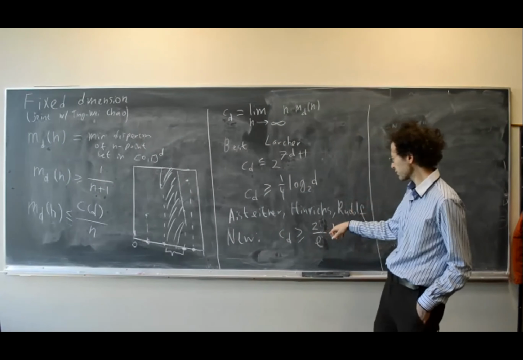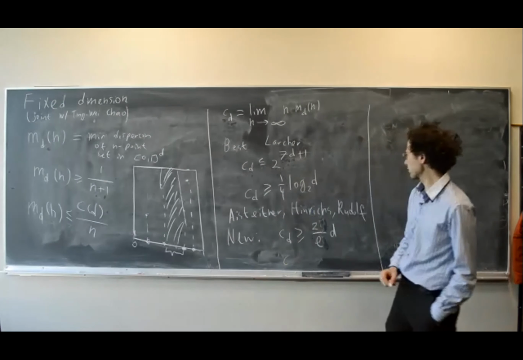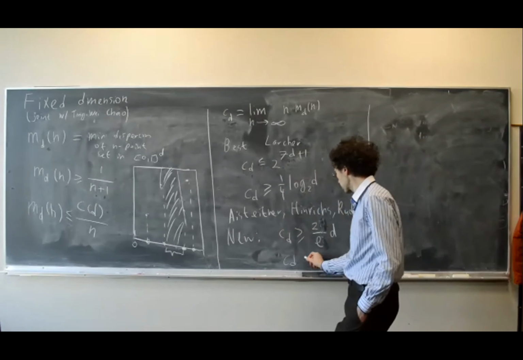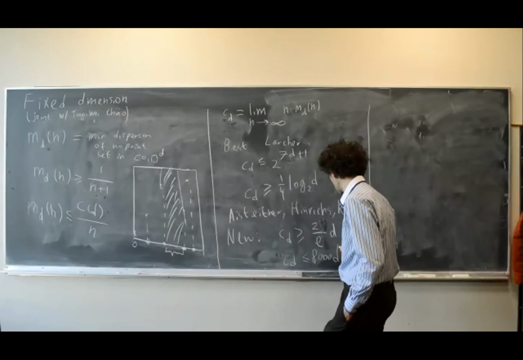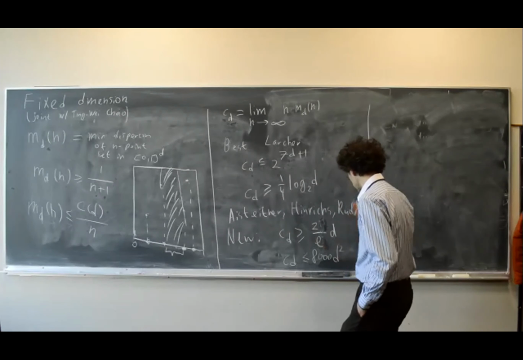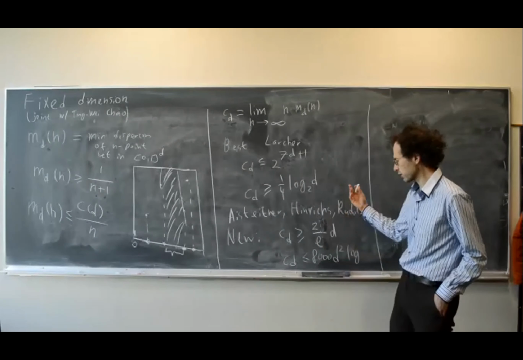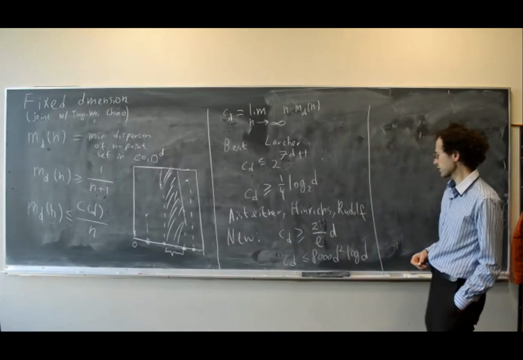This you can improve a little bit, but I'm not going to spend time on some minor improvements. And the upper bound is some constant, I think in the paper it was 8,000, whatever we wrote down, it could be optimized. That's not important. But the upper bound is d squared log d.